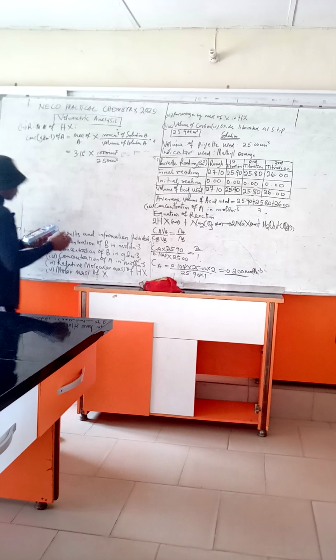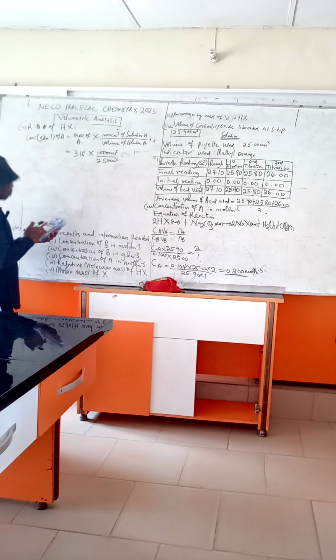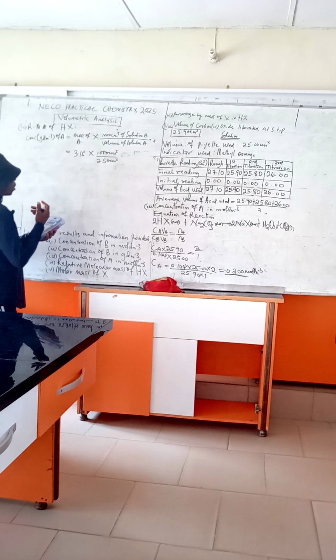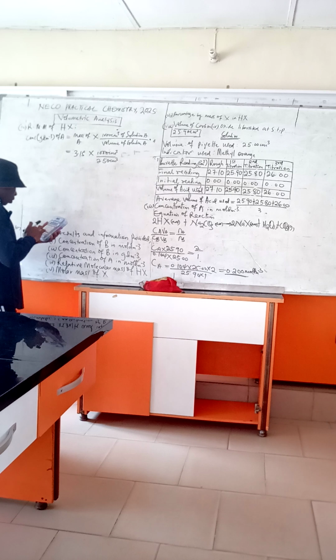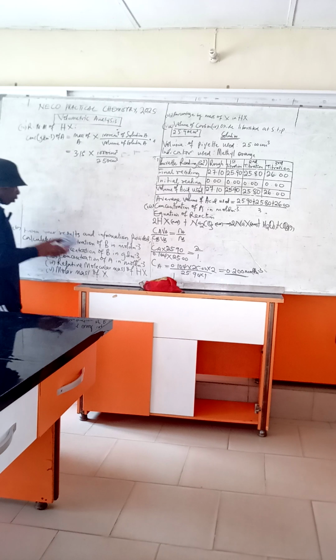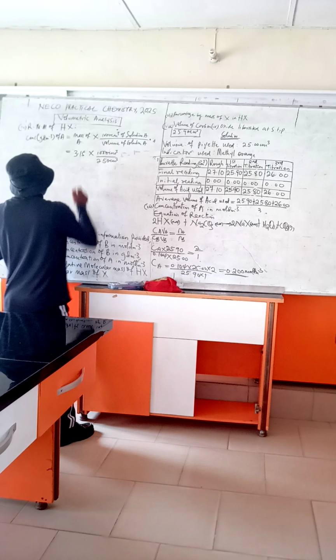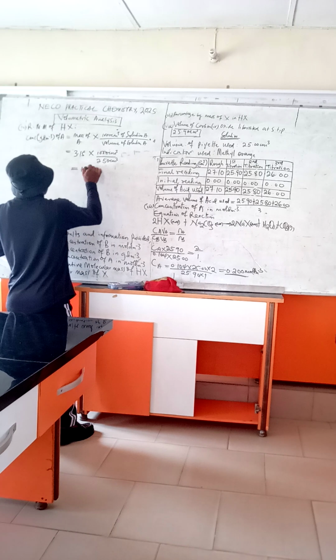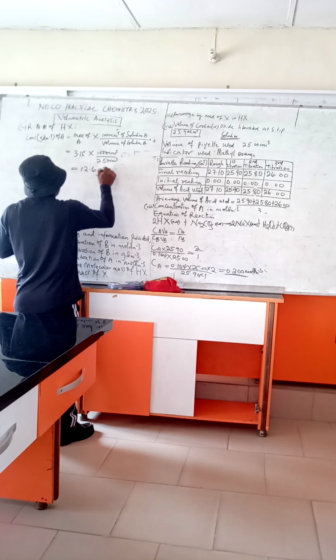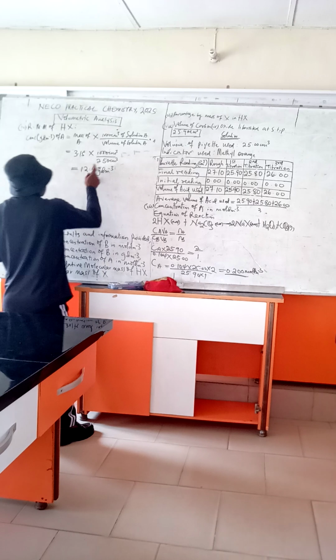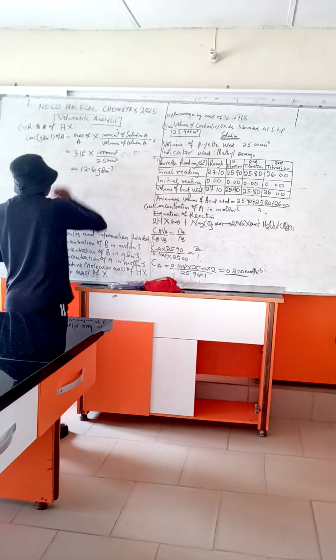We engage our calculator. 1000 divided by 250 is 4. Then 3.15 times 4 gives us 12.6, which equals 12.6 gram per cm³. There's no need putting zero, it's already in 3 significant figures.